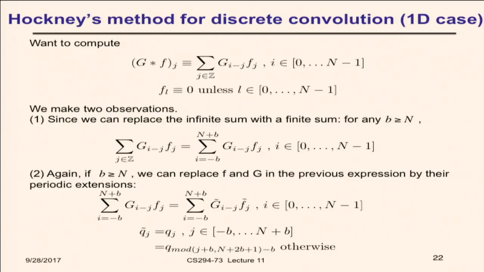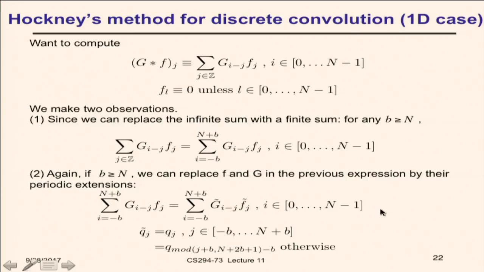The second observation is that, if I use this same b that satisfies this, we can replace f and g in this expression by their periodic extensions. So the sum of g convolved with f is equal to g tilde convolved with f tilde, for I from 0 to n minus 1.